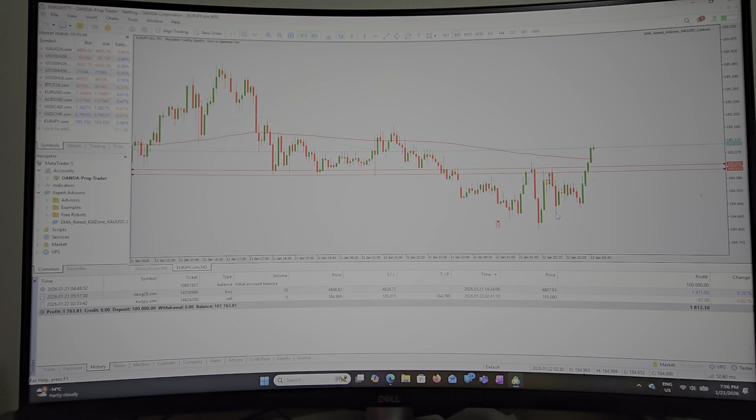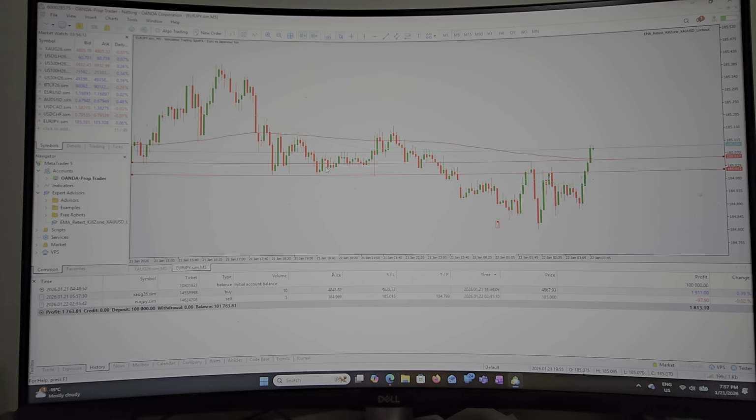So now we can see that, using supply and demand, we've taken out this high, and if I were to take a trade here, after taking out that high, we're now potentially in an uptrend.